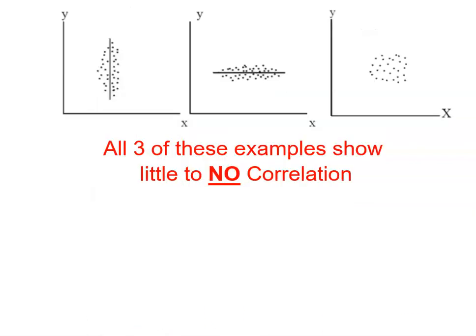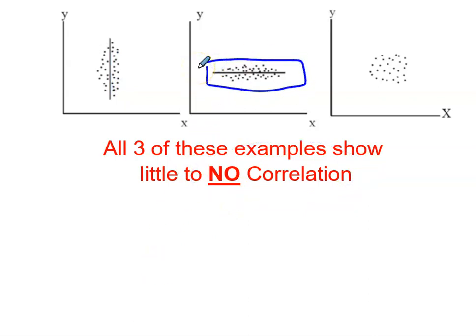These are some special examples where it's really hard to tell if the trend is positive or negative. If you have some plots scattered around, and they're generally moving both upward and downward, we say that they have no correlation. And the same is true for this horizontal pattern.